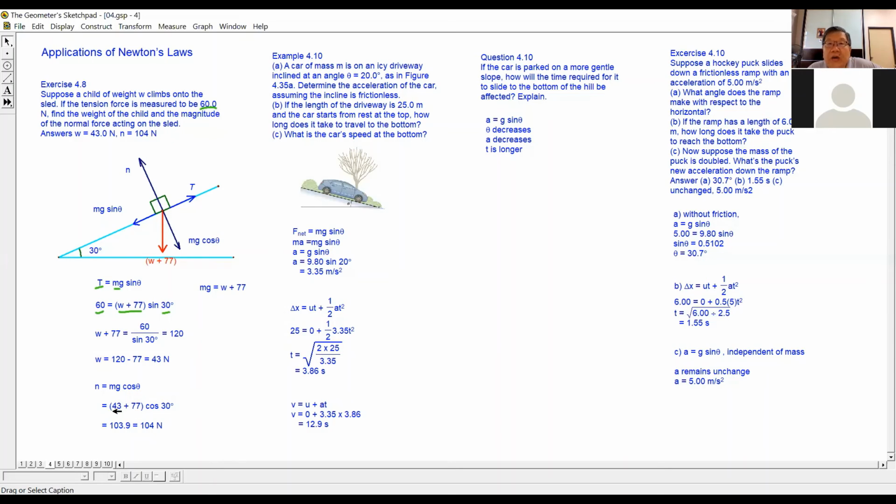Mg is the combined weight of the two, the child and the sled: 43 plus 77. This is the child, this is the sled. And the angle is 30 degrees. So if you use your calculator and multiply this out, you know that the normal reaction is 103.9. In the book, they round off to 3 significant figures. They give 104 newtons.